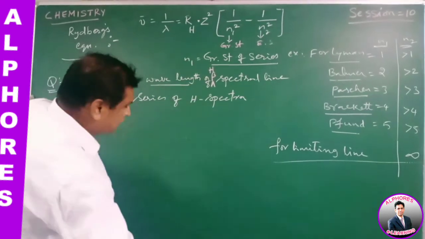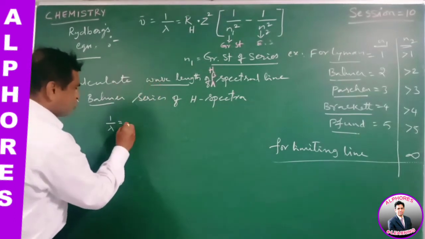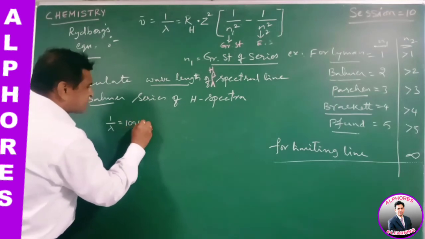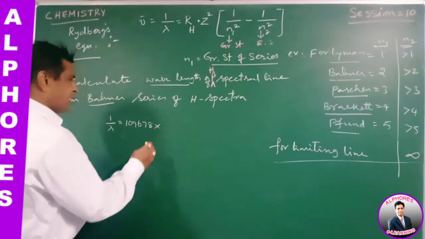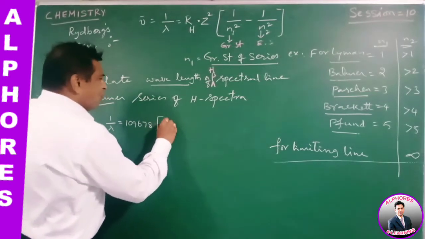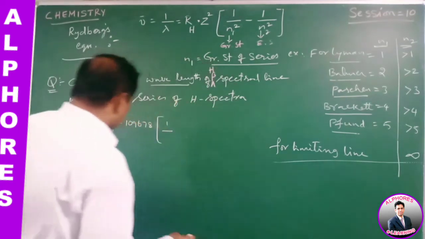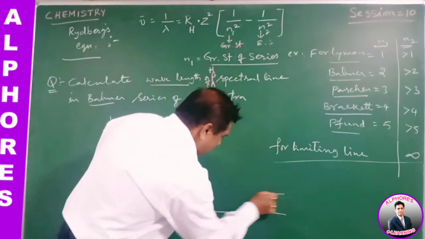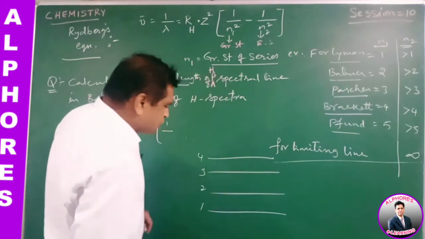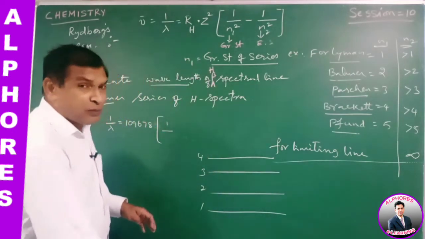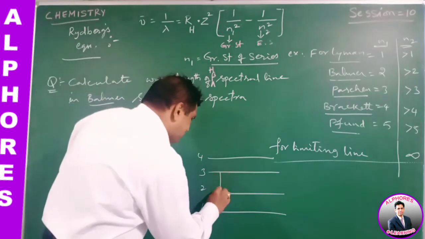okay, that is 1 by lambda equals R, as usual it is 109,678 into Z square, hydrogen atomic number is 1. So then into 1 by, it is the H beta spectral line. Yesterday only we explained that H beta. So let us take first orbit, second orbit, third orbit, fourth orbit. Now the excited electrons come from higher energy levels to the second energy level because it is Balmer series. So 3 to 2 is possible.